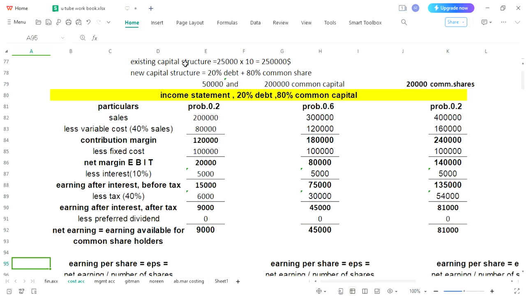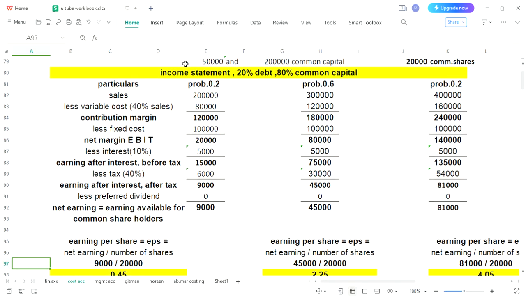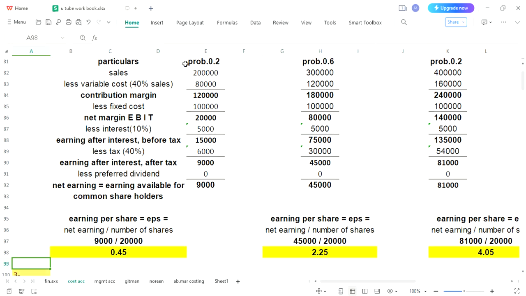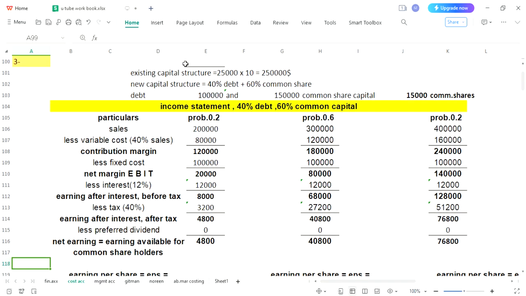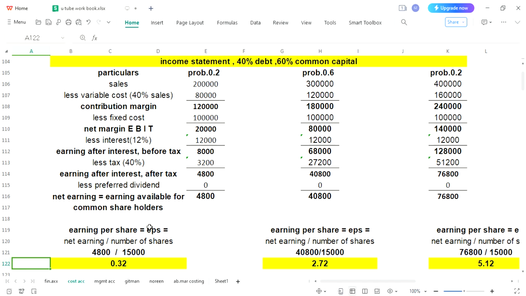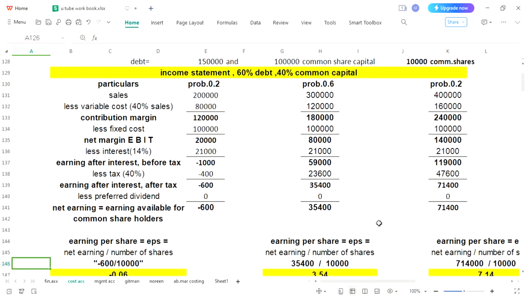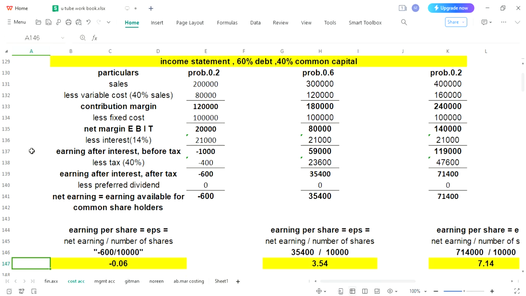Then in the second part, you again created three income statements for 20% debt, and you calculated 3 EPS. Then in the third part, for 40% debt, you calculated 3 EPS. And next, again for 60% debt, you calculated 3 EPS.